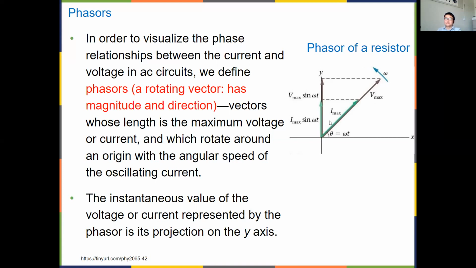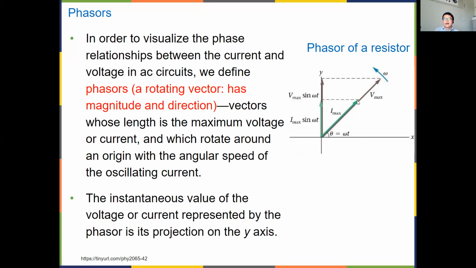Its y projection will be Imax sine omega t. For the voltage, this maximum vector rotating with omega has a y projection of Vmax sine omega t. So you get the voltage as a sine function, the y projection. I is also the y projection.